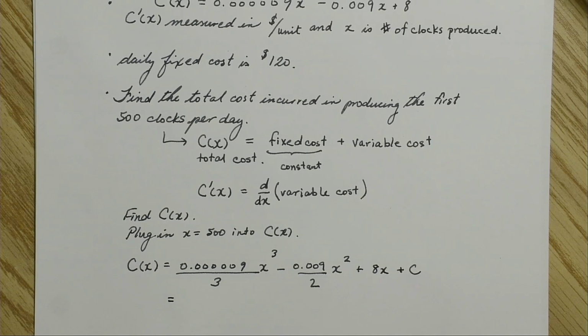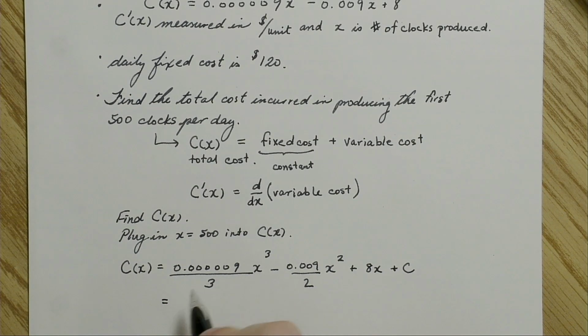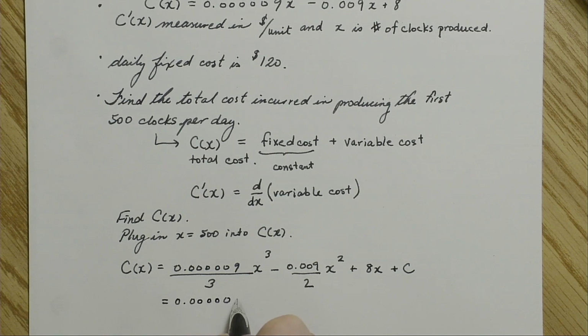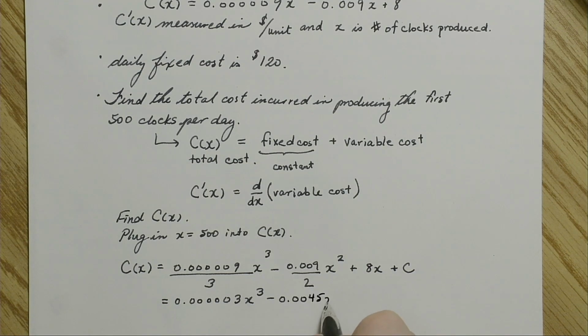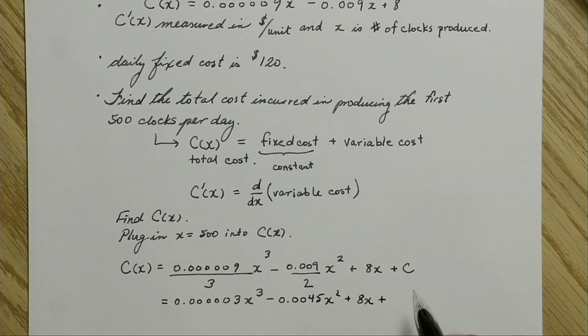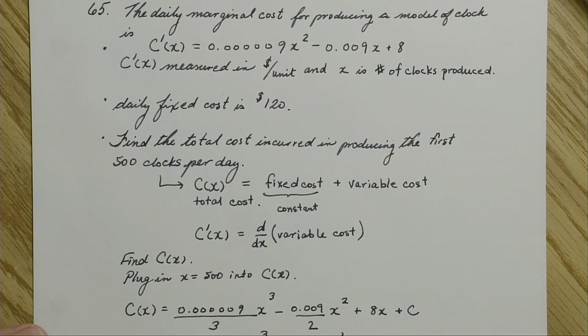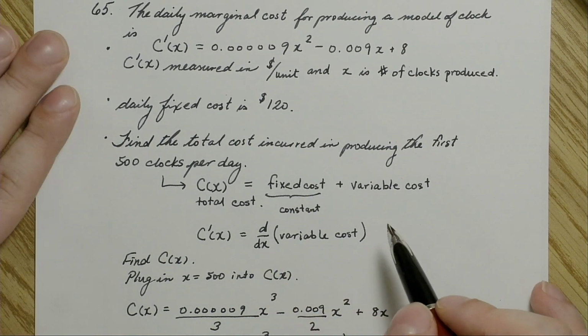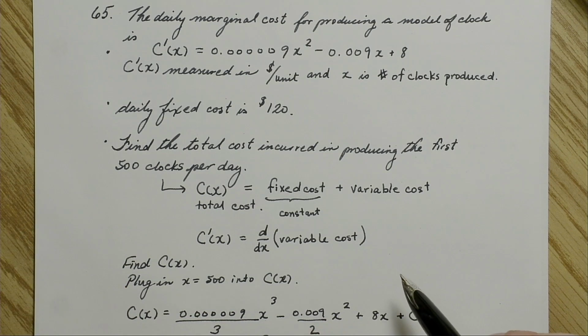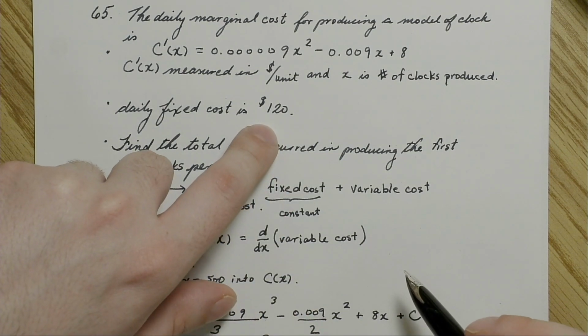Okay, so we can simplify this a little bit. 9 divided by 3 is 3, so that's 3x cubed minus 9 divided by 2, that's 4.5, so that's 0.0045 x squared plus 8x plus, now what is that c? Well, the fixed cost, if we produced nothing, we produced 0 clocks, we still would have to pay 120.